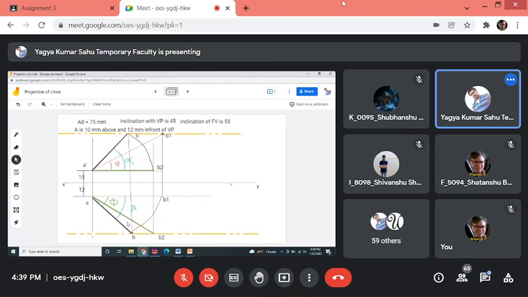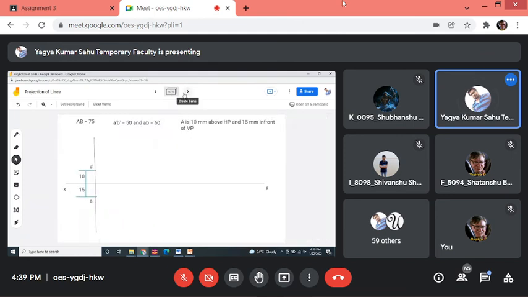Yes or no? We can easily draw it. A dash B2 dash for which the length is given. आया ना?